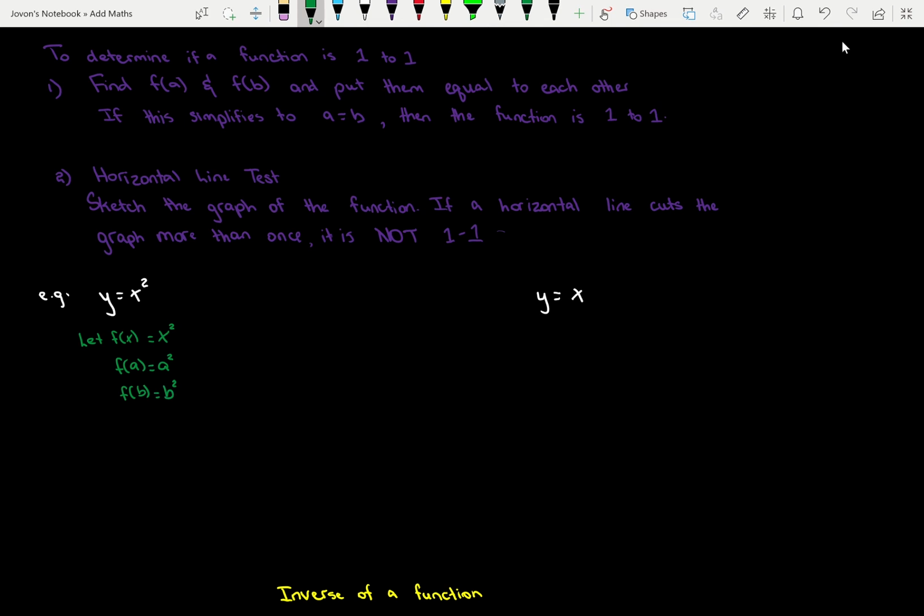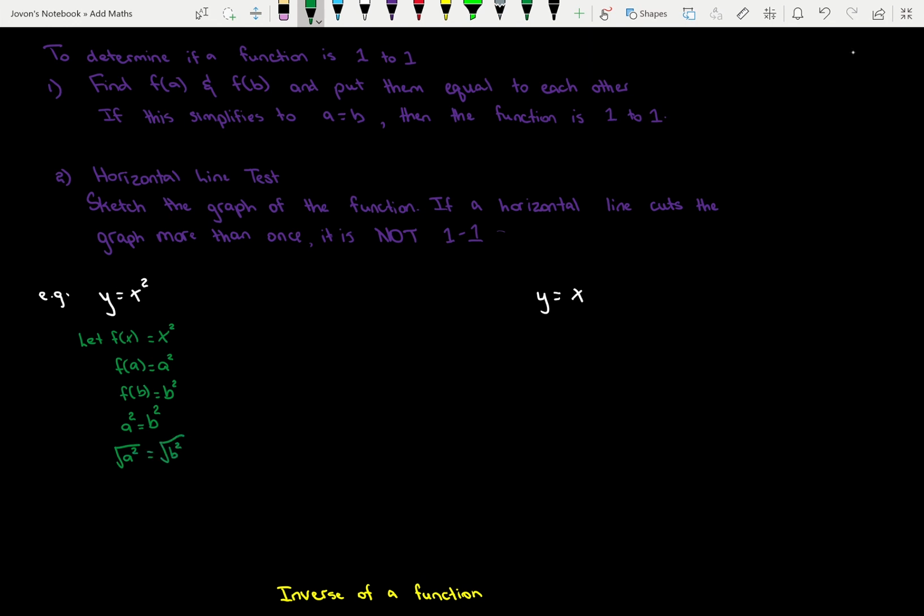Then we put them equal to each other: a squared is equal to b squared. Then we try to simplify it, and if we get a equal to b, then the function is one-to-one. So we find the square root of a squared is equal to the square root of b squared.